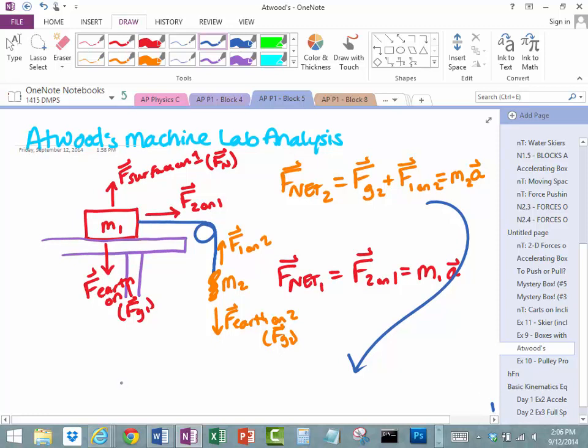So I'm going to write this as M2 times G. Which way is this going? Down. So we're making down negative. Sure. Make that negative. So negative M2G plus M1A is equal to negative M2A.